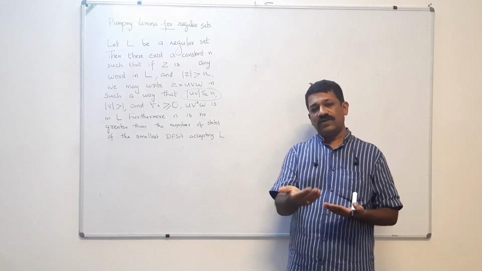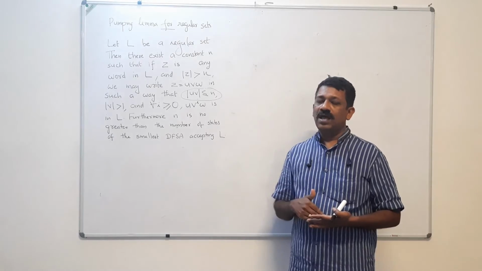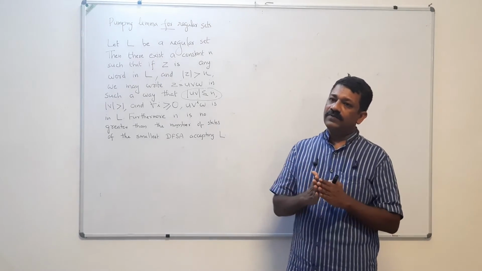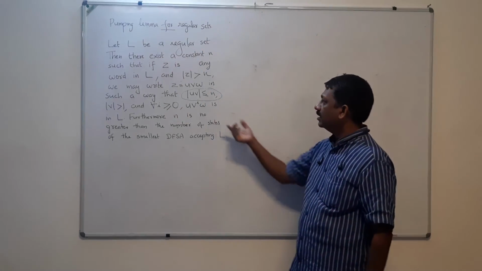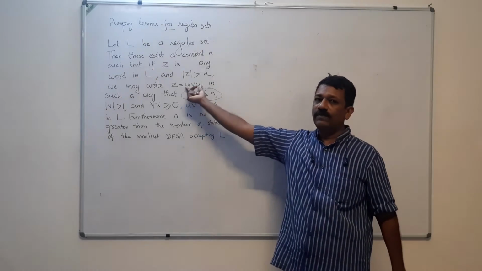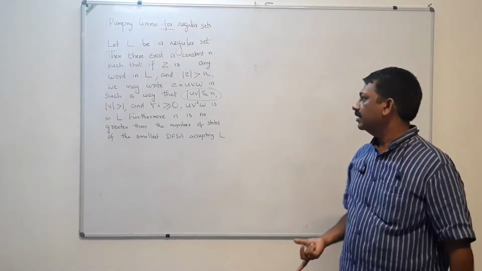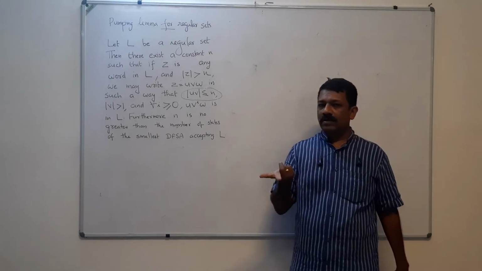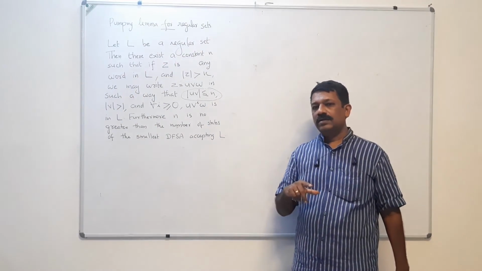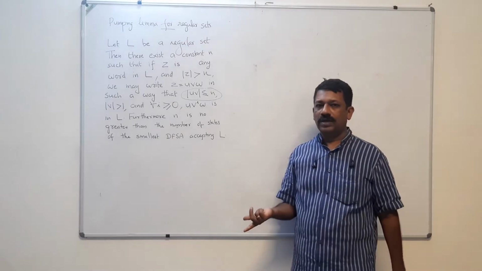That means first we assume that it is regular, and then we try to write the string in this form, Z equals UVW. If we are not able to write it like that, then we conclude that it is not regular. Okay.